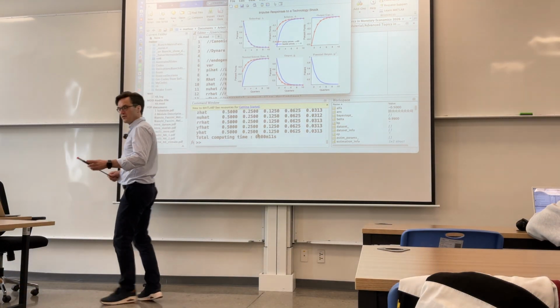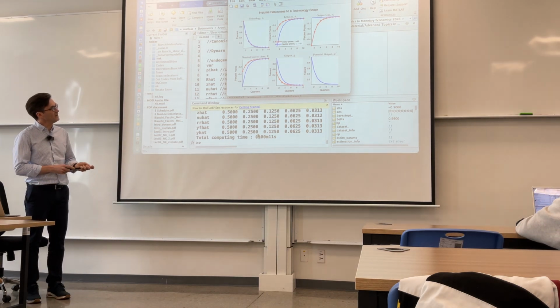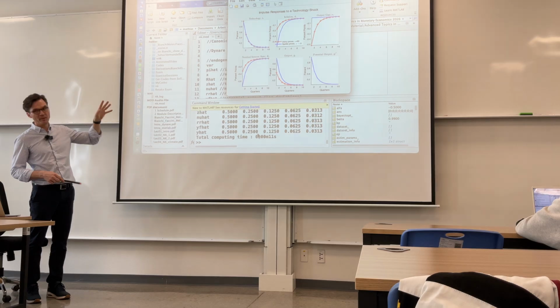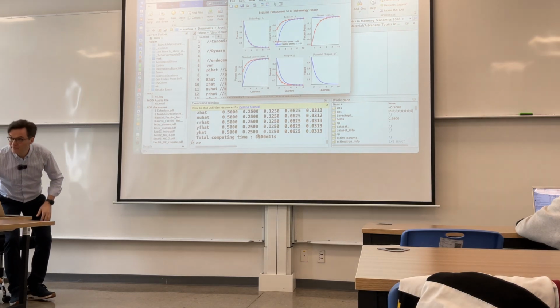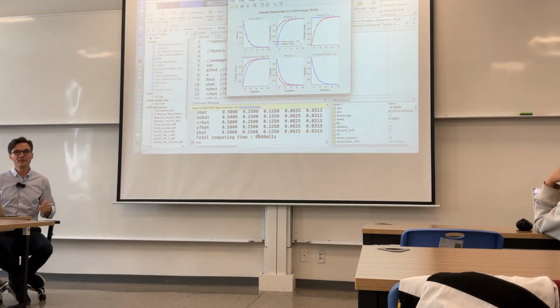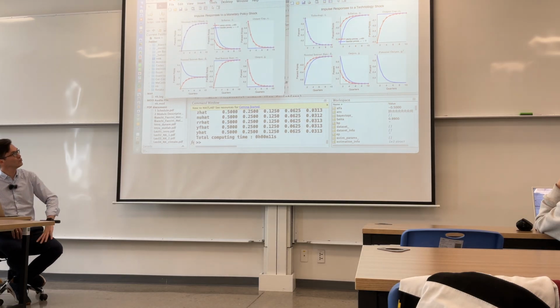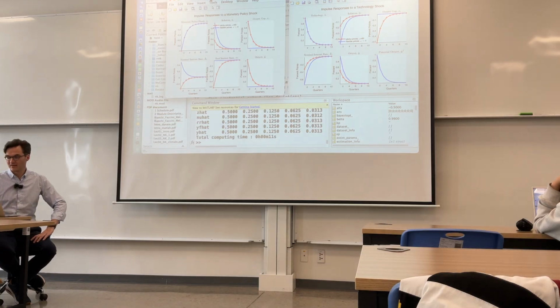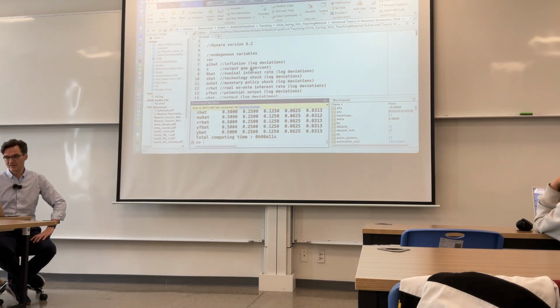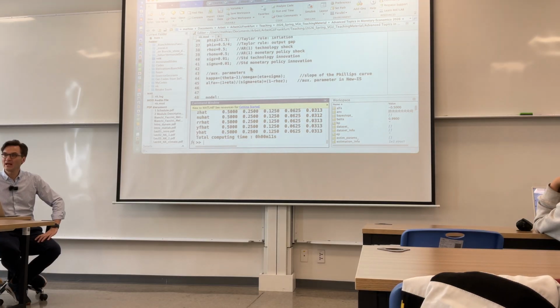Okay. So we understand, you can run these mod files and it produces the impulse responses that you have on the slides in our slide deck, 2 and 3. So these are the impulse responses to the technology shock that we discussed, and these are the impulse responses to the monetary policy shock that we discussed at length. And the mod file has this coded up, and I think this is a great time to stop today.